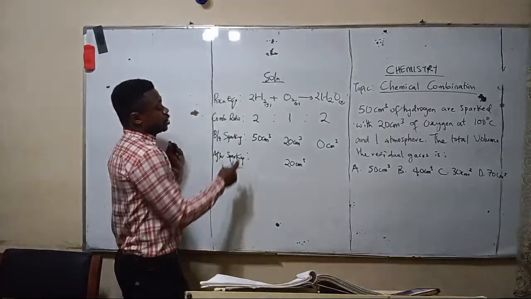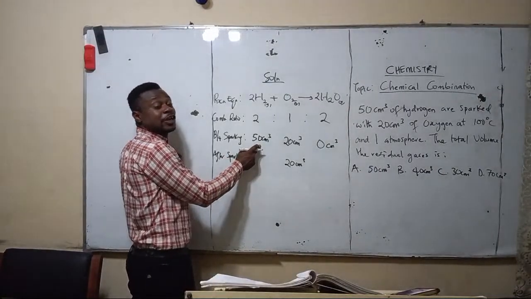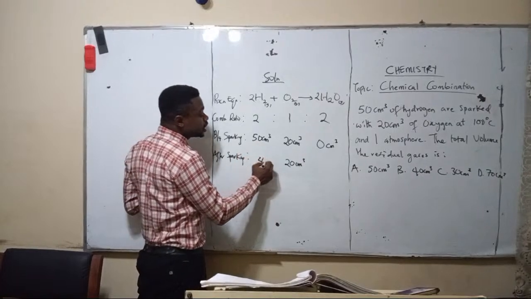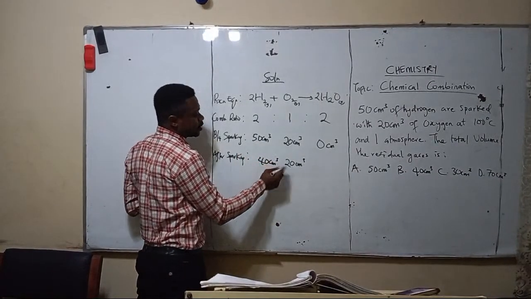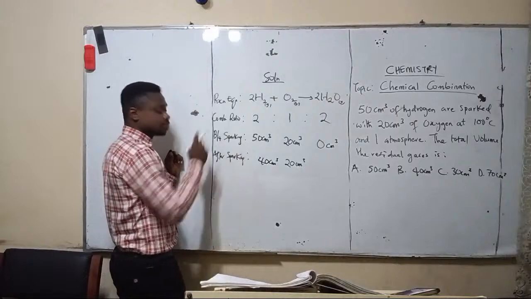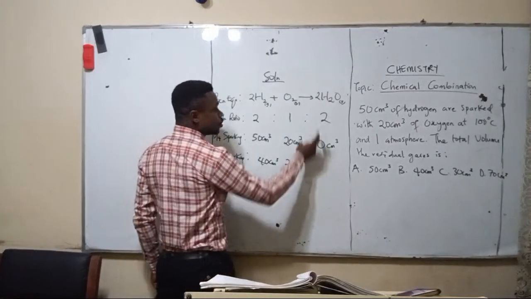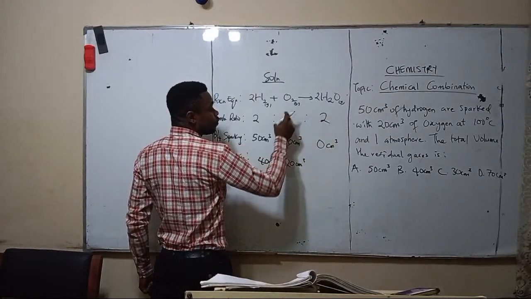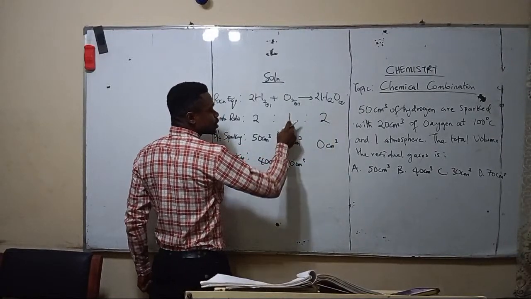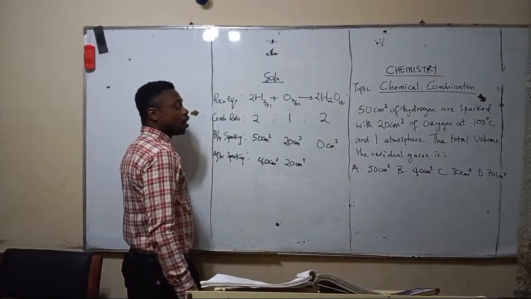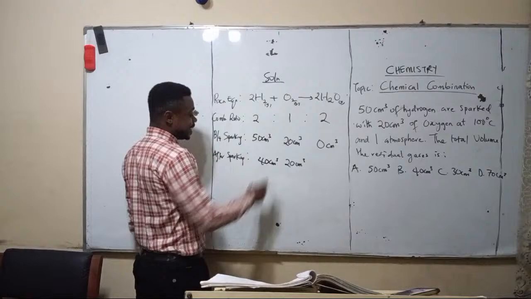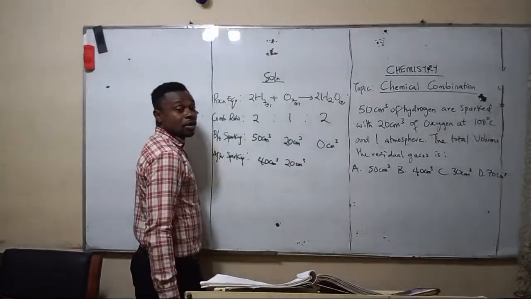So since here we have 50 cm3 of hydrogen, only 40 cm3 of hydrogen will react with oxygen. Only 40. And here again, the water that will be produced will be twice the volume of oxygen, the same volume as the hydrogen that combined with oxygen.